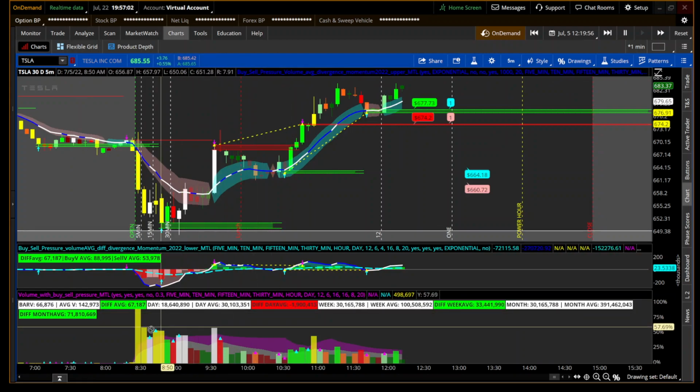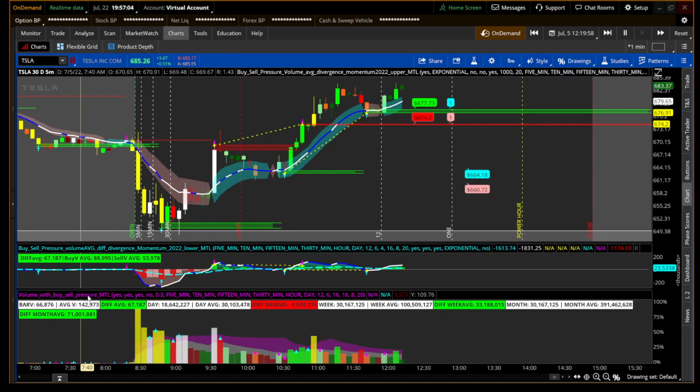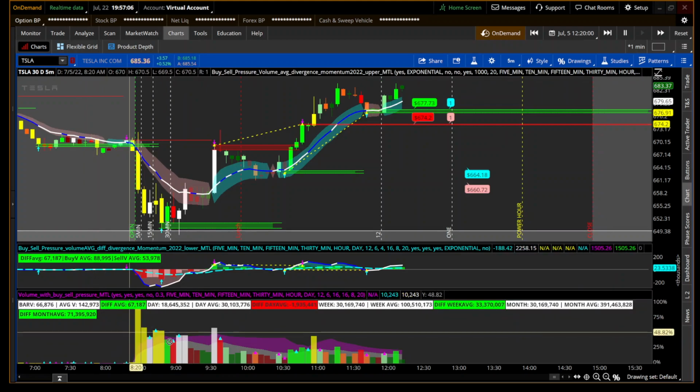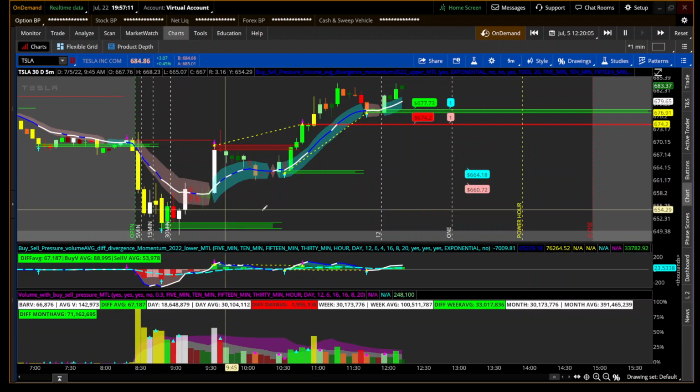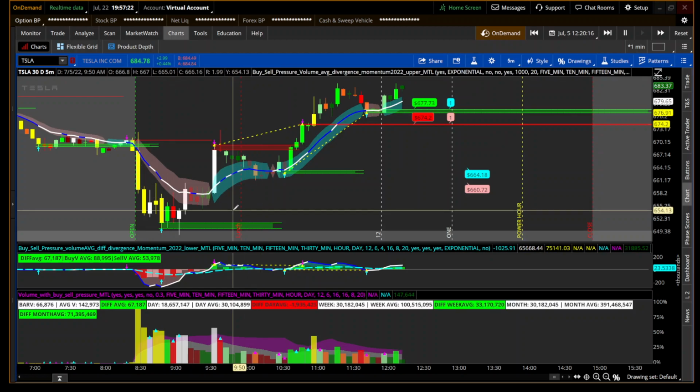The buying selling volume down here, volume with buy sell pressure, MTL, it's going to change the colors of the candles according to the buying volume and selling pressure, and that's where you get these colors from.